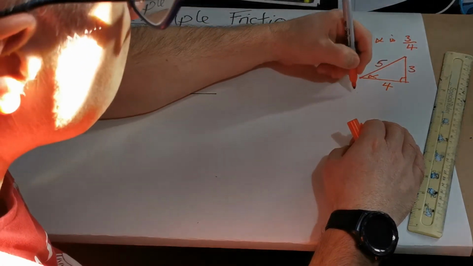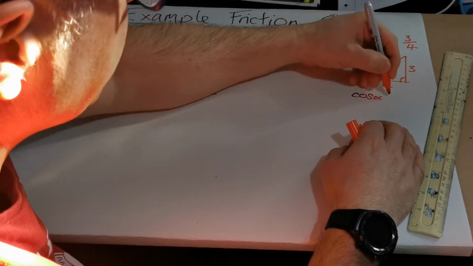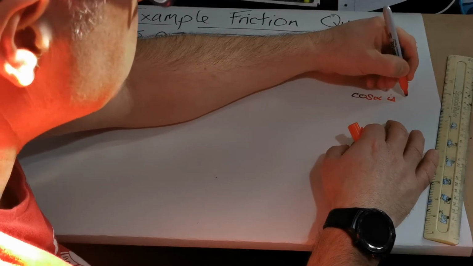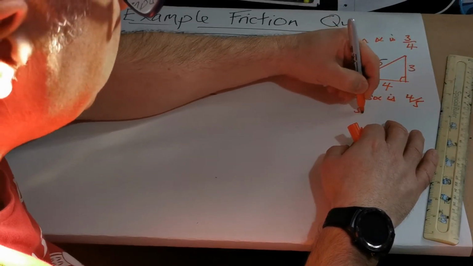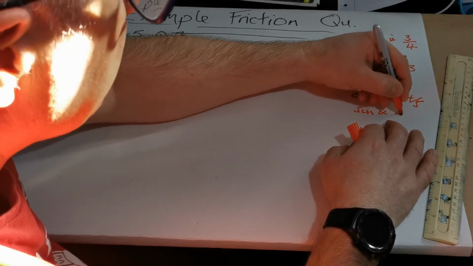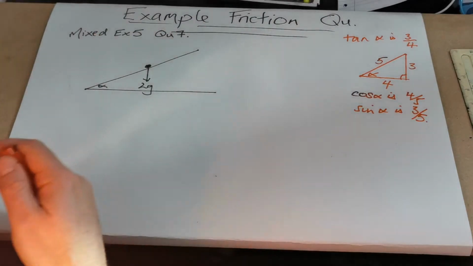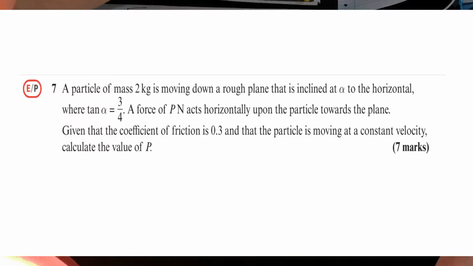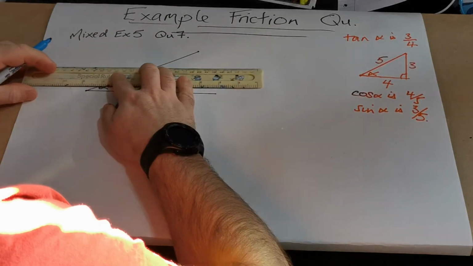So that tells me that cos alpha is adjacent divided by hypotenuse, 4/5, and sine alpha is 3/5. So that's good information.